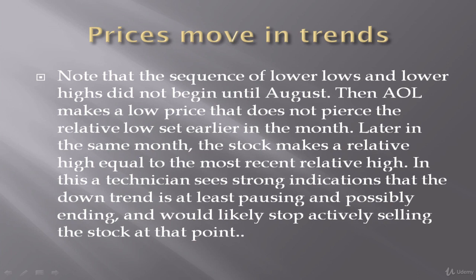Later in the same month, the stock makes a relative high equal to the most recent relative high. In this, a chartist technician sees a strong indication that the downtrend is at least pausing and possibly ending, and would likely stop actively selling the stock at that point.